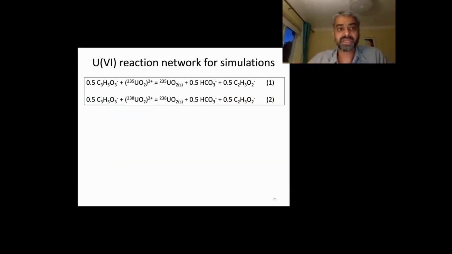We used oxidation of lactate to acetate, and we used two different isotopes with the same reaction for our reaction network. So we are considering these two reactions for uranium reduction, where uranyl becomes uranium oxide solids.